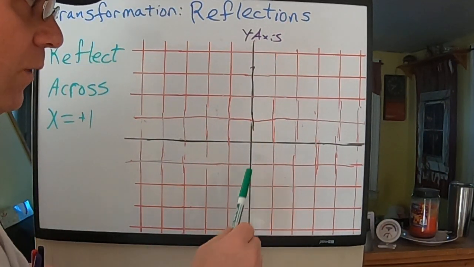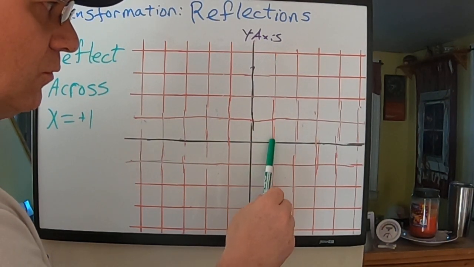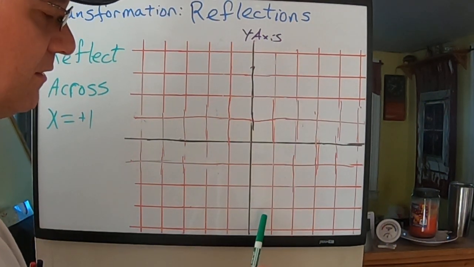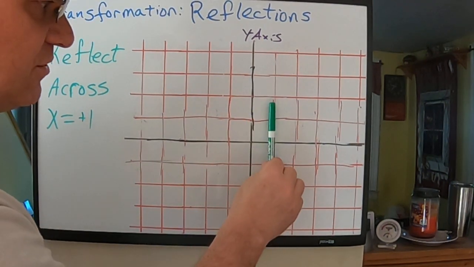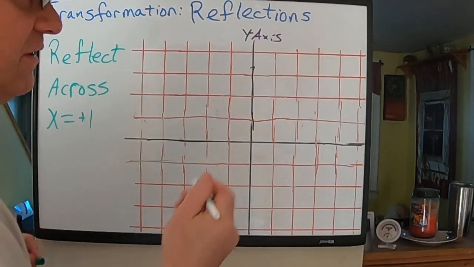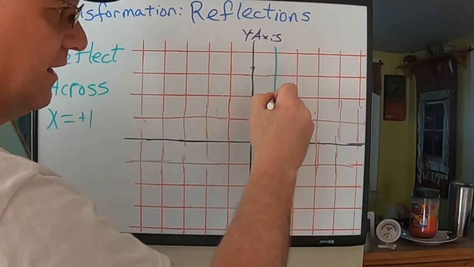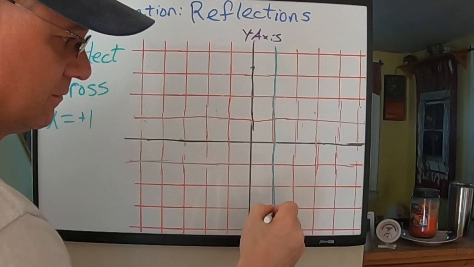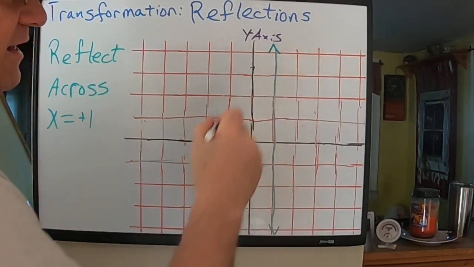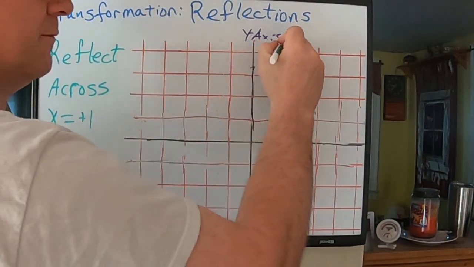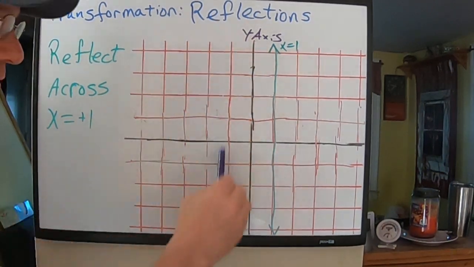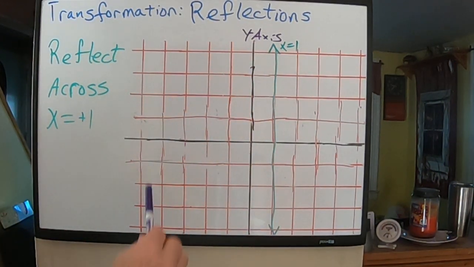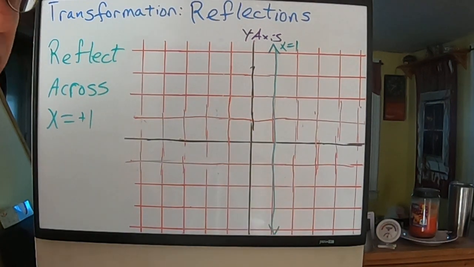Y doesn't change, so y stays the same. X doesn't change. So it's a vertical line. So if you see x equals a number, this is that line, x equals 1. That's what that looks like. So if it were -1, it'd be here. If it were y equals a number, it would be a horizontal line instead of a vertical line.